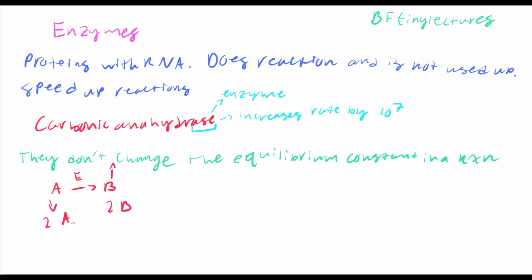So what enzymes do not do is give you three products and only use one reactant, okay? They're not going to change how many products you make or how many reactants you use. They're just going to speed up the reaction overall. And so the formation of B is going to show up equally to the depletion of A, okay? They're going to be at the same speed.